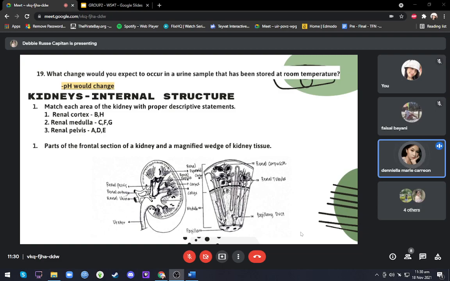Number 7, cortex. Number 8, calyx. Number 9, cortex. Number 10, medulla. Number 11, papilla. Number 12, renal corpuscle. Number 13, renal tubule. And number 14 is papillary duct. Next.